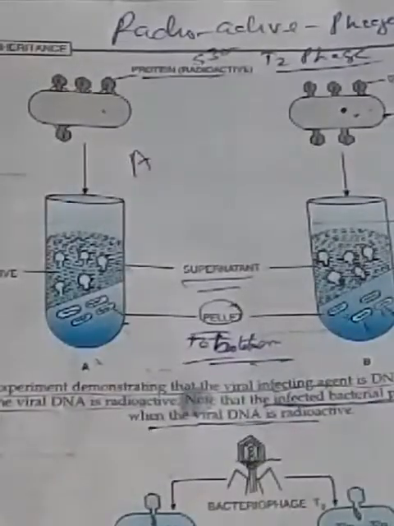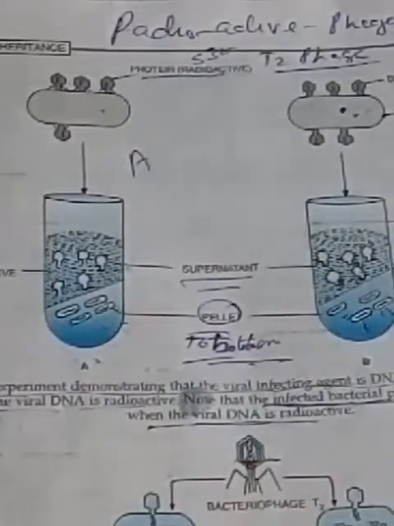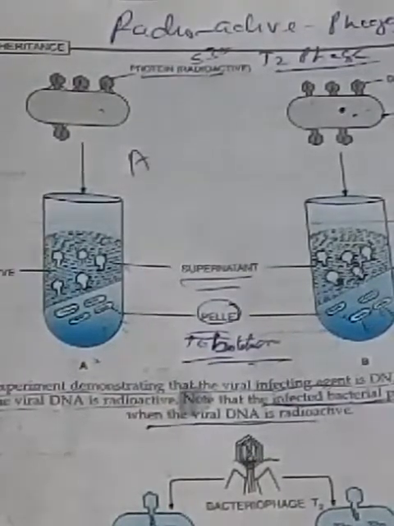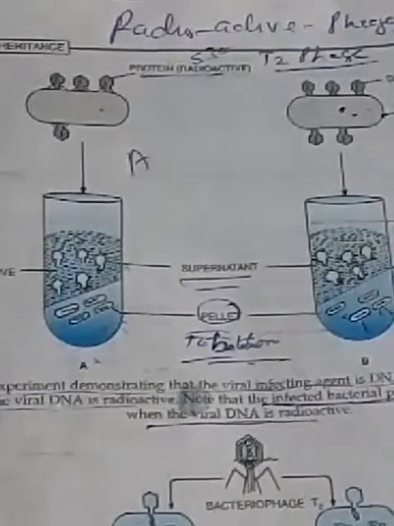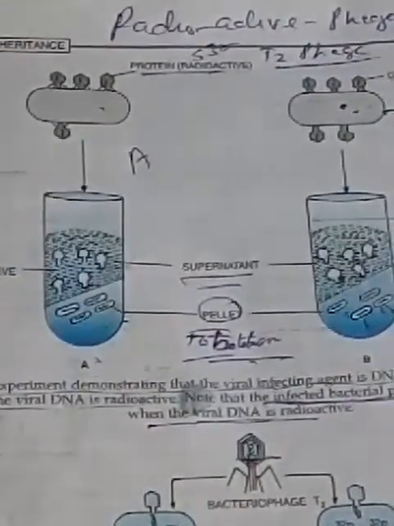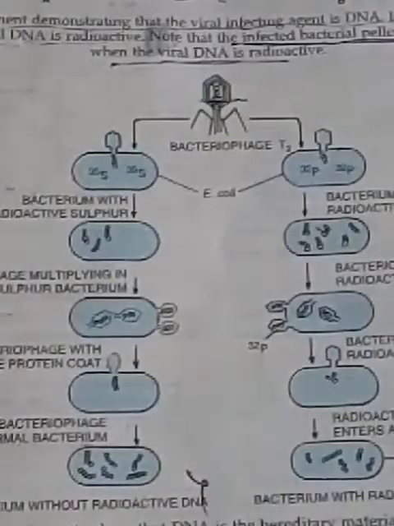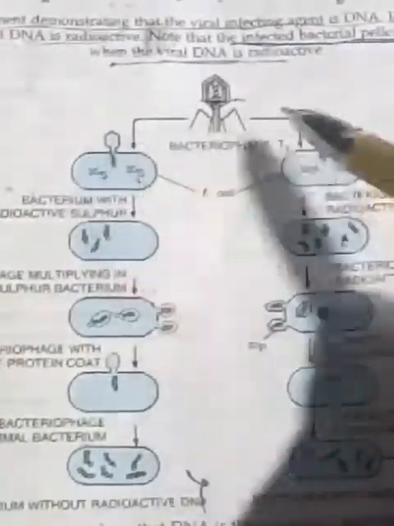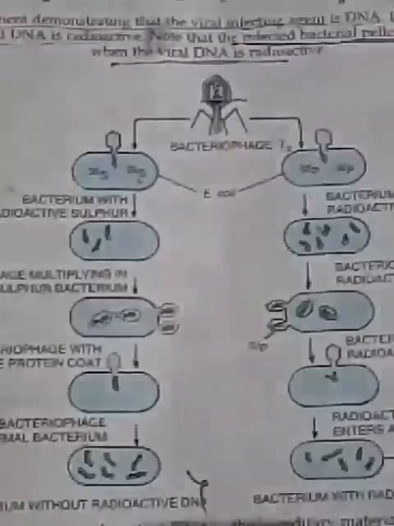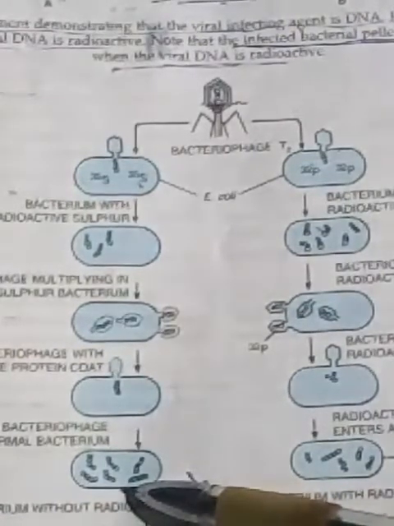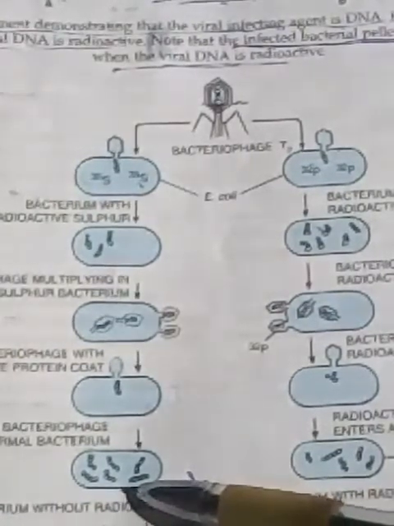In one case, the transfer of the DNA happened, but that was not radioactive. In the second case, DNA was radioactive. In the newly formed bacteriophage, in the next phase, of the two E. coli, in one E. coli the daughter virus were not radioactive.